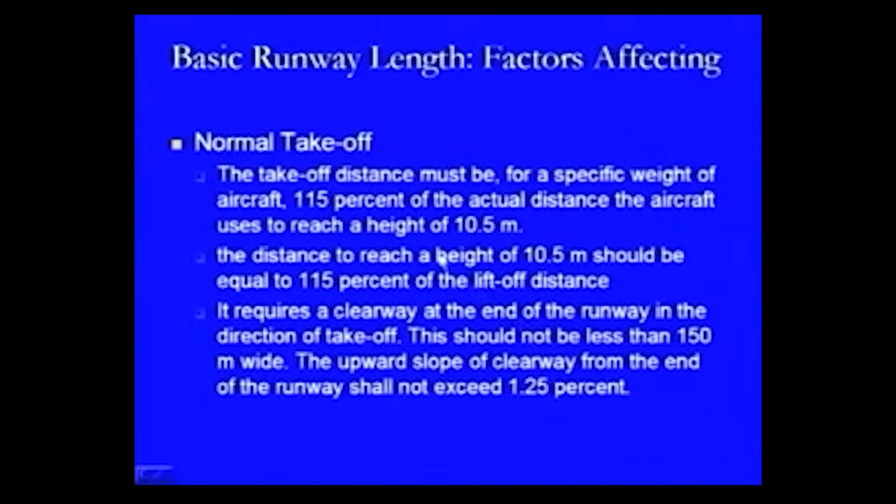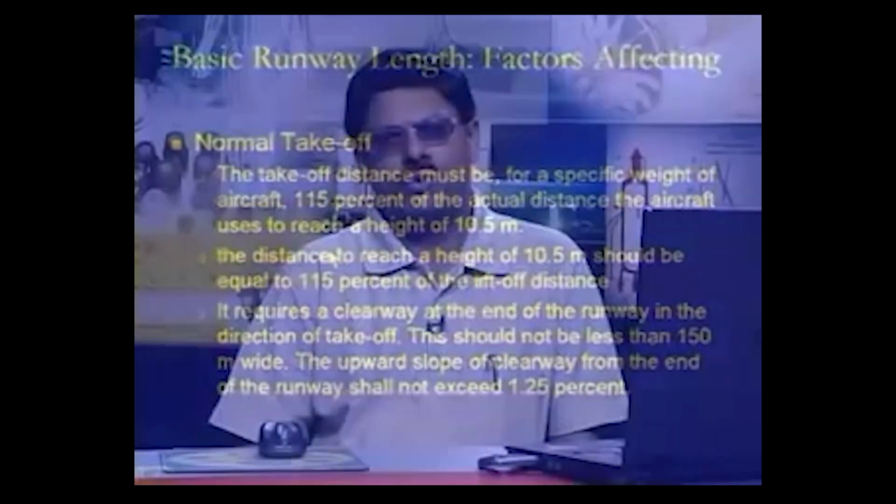Now, we look at another condition, that is the normal takeoff condition. In the case of normal takeoff, the takeoff distance for a specific weight of aircraft must be 115% of the actual distance the aircraft uses to reach a height of 10.5 meters. That is how the requirement of the length is defined.